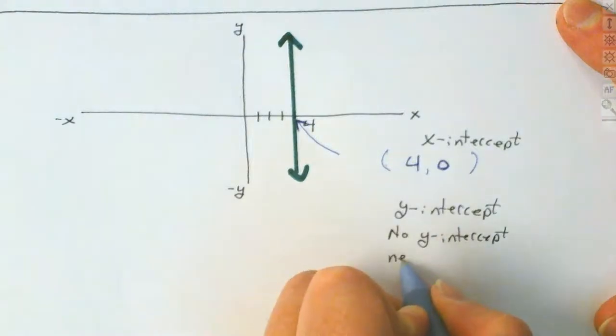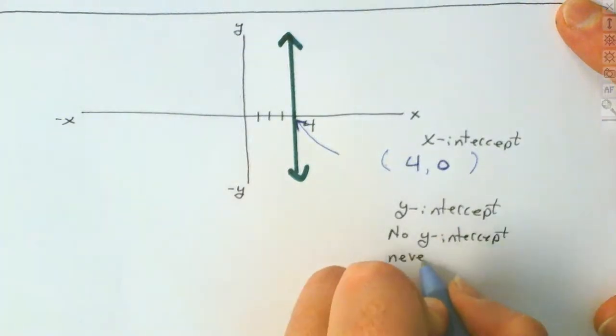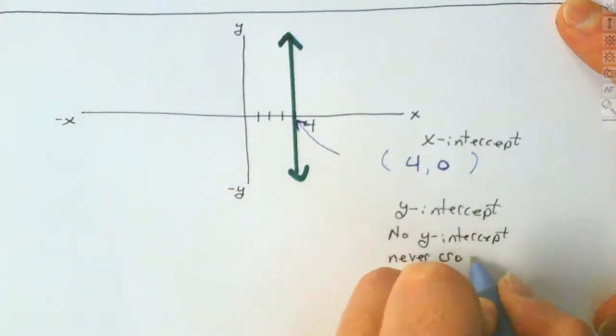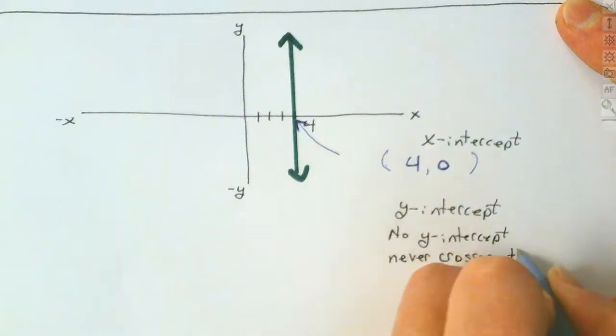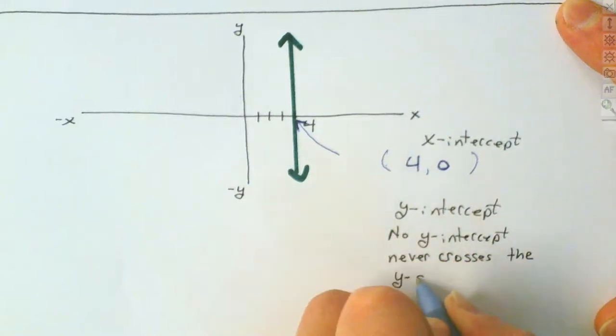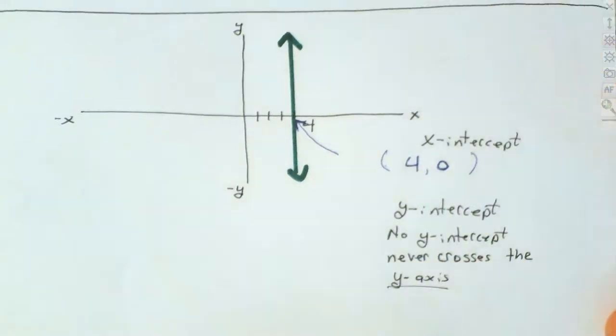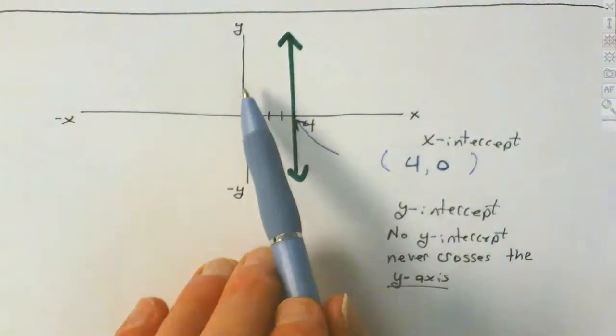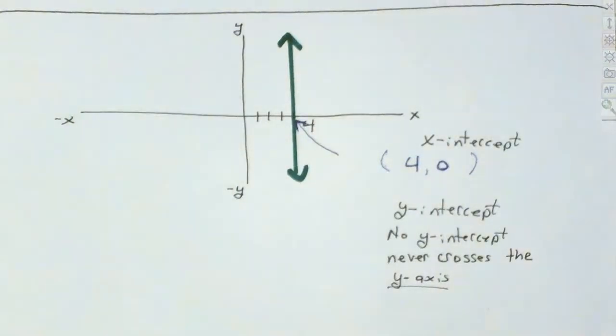It never crosses the y-axis. So it's never going to cross the y-axis. Okay, and why does it not have a y-intercept? Because to have a y-intercept, it must do what? Okay, it must cross the y-axis.